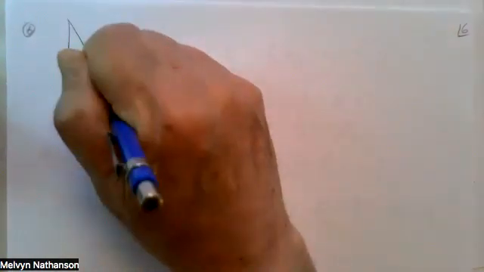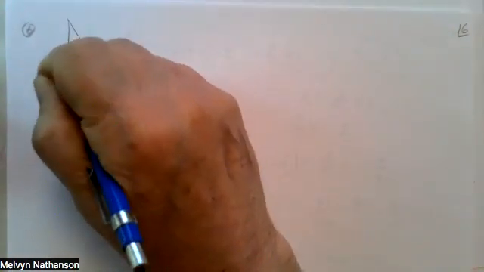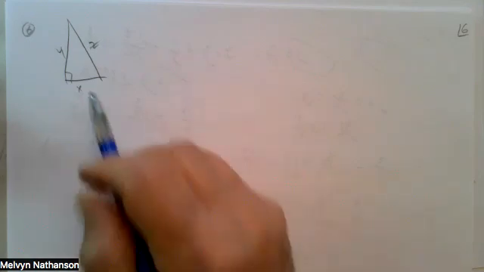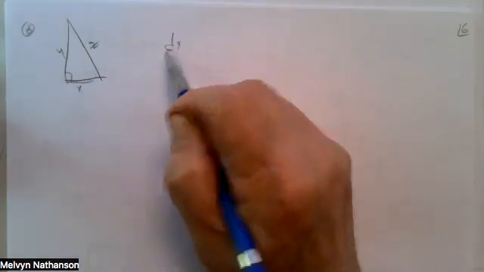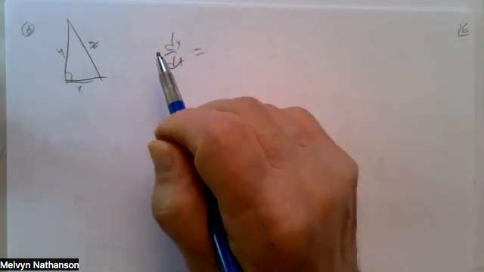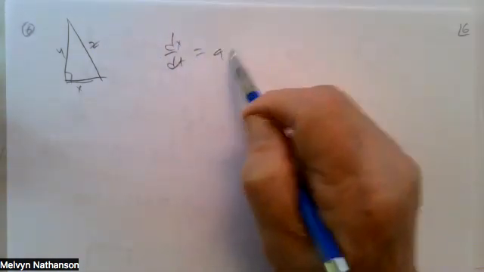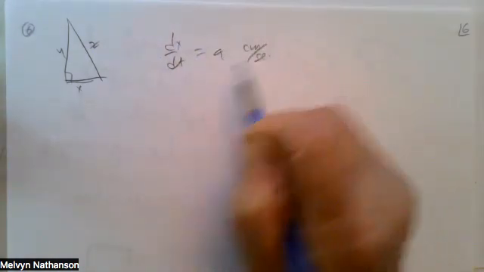Okay, problem 6. You have a right triangle whose sides are x and y and whose hypotenuse is z. So here's a right triangle, x, y, and z. The length of the side x, dx/dt, is increasing at a rate of 4 centimeters per second.